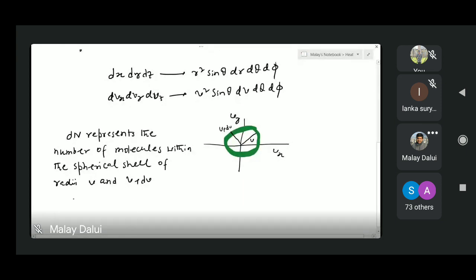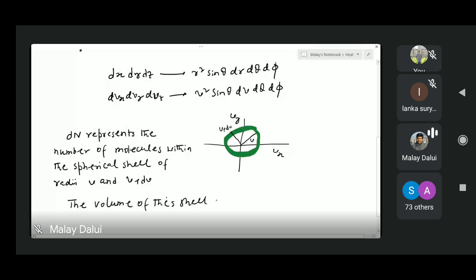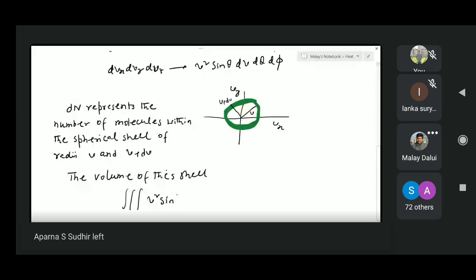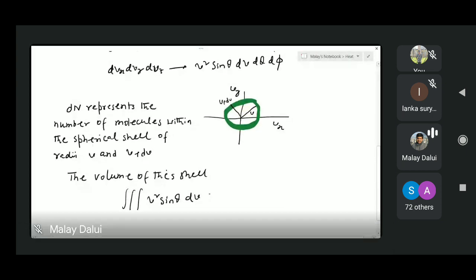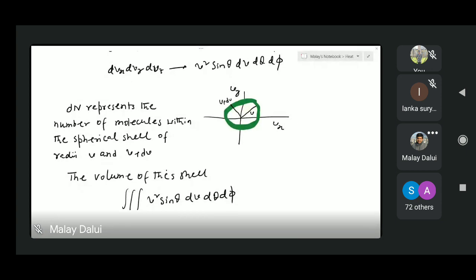The volume of the shell, we have to integrate over this value. Basically, it's the integration of v square sine theta dv d theta d phi.